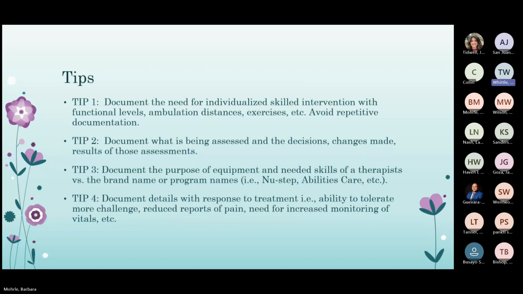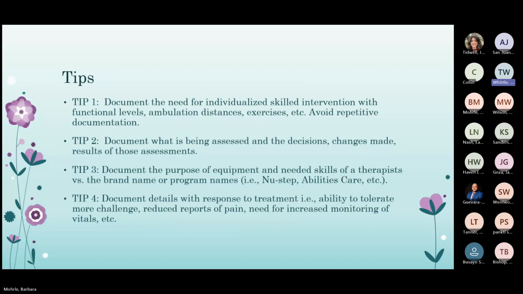Oftentimes we'll see somebody performed a new step for 20 minutes, but what about that is skilled? Are you assessing their postural alignment? Are you monitoring their vitals throughout? Don't use the actual new step verbiage in your treatment note. Discuss what you're actually doing as the skills of a therapist.